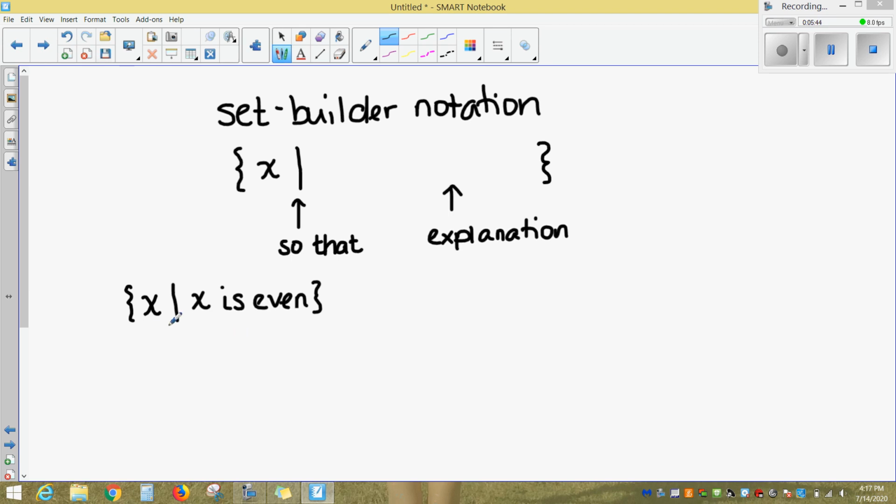I could on this one actually make a list with my dots, and I could use either approach. Or I could say I'm talking about all of the numbers y, so that y is less than or equal to 4. So I could use symbols here instead of words to explain what this expression represents.